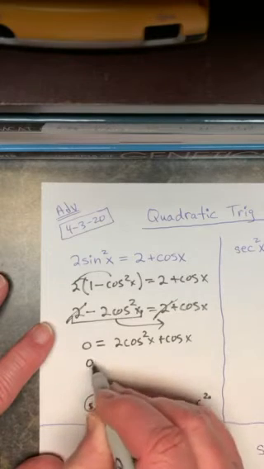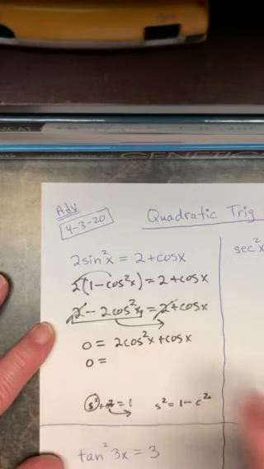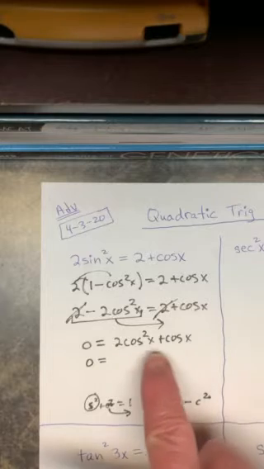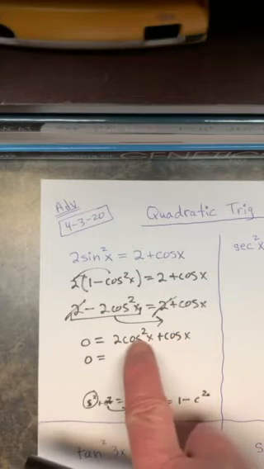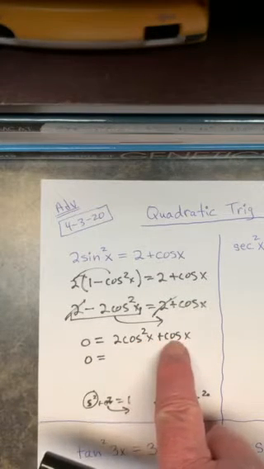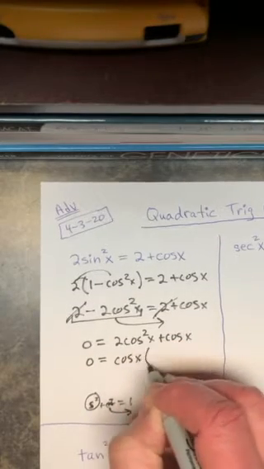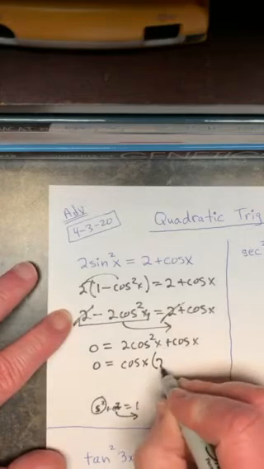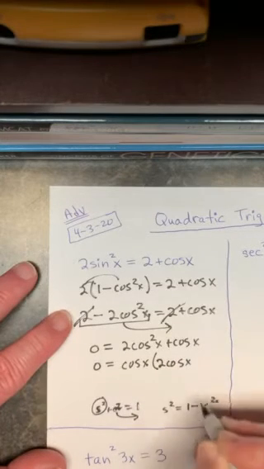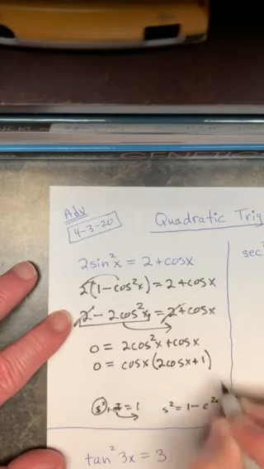So now when I go to solve this quadratic equation, it's pretty obvious they have the word cosine x in common, correct? You factor out the cosine of x. When you do, it leaves you with 2 cosine of x plus 1. Agreed?